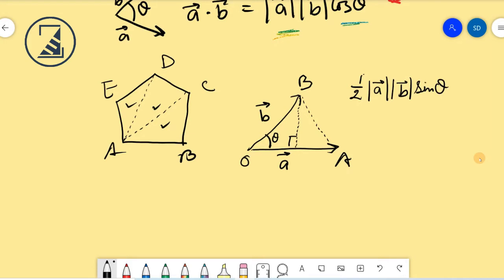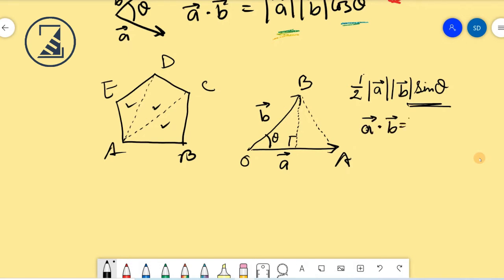Now, this looks something like dot product except for a sine theta. In dot product, we got cos theta. Now, how to deal with it? Well, there is a trick. Let's first compute dot product of the two vectors.